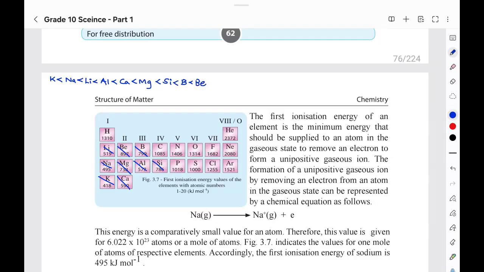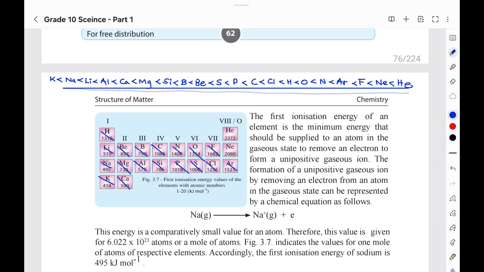After that, sulfur, phosphorus, then carbon, next chlorine, then hydrogen, then oxygen, nitrogen, argon, fluorine, neon, helium.